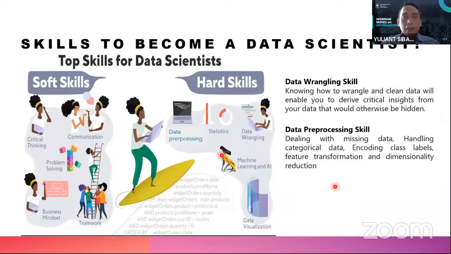And in data preprocessing skill, dealing with missing data, handling categorical data, encoding class labels, feature transformation, and dimensionality reduction. Data preprocessing skill is related with the other skill like the statistics skill.